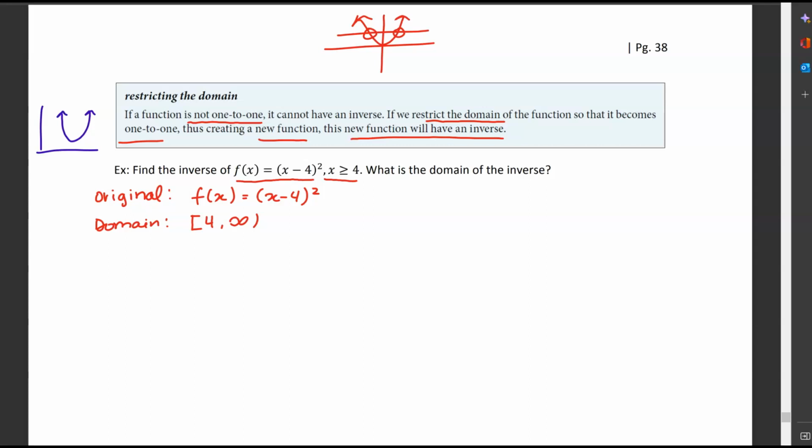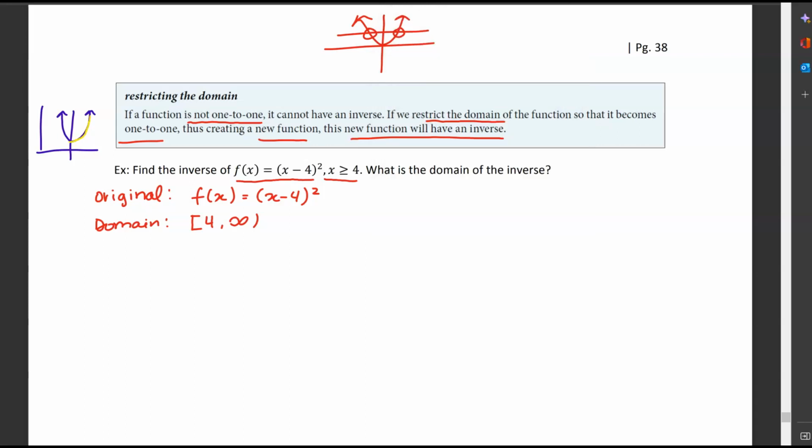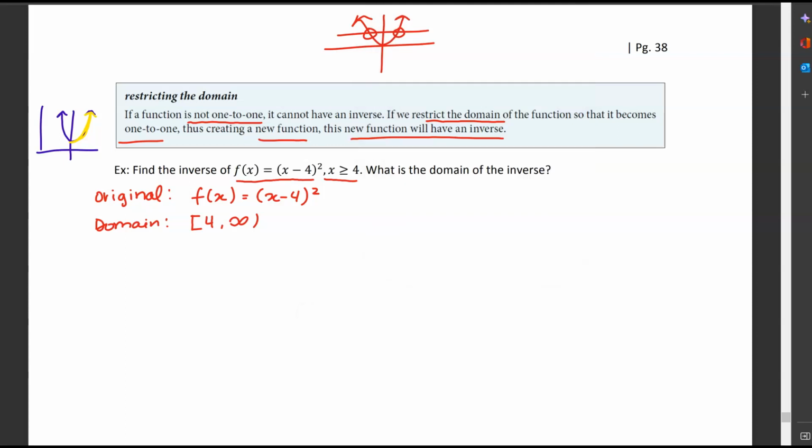What's happening with the domain of 4 is that we're basically slicing this parabola, and we are only considering this side over here that is part of the domain. The other side, we are ignoring. And so that's what's happening here when we restrict the domain. So our domain is 4 to infinity. So what's our range? Well, our range is going to go from 0 to infinity.